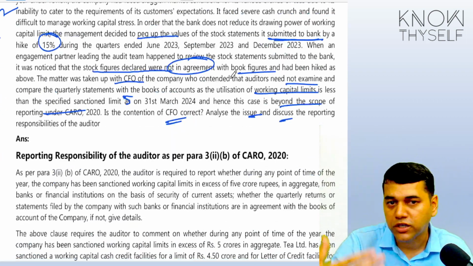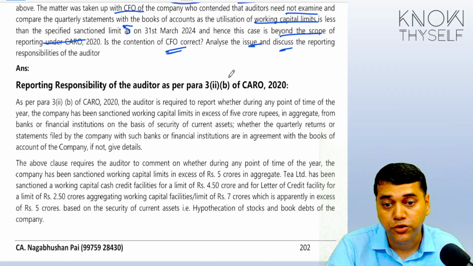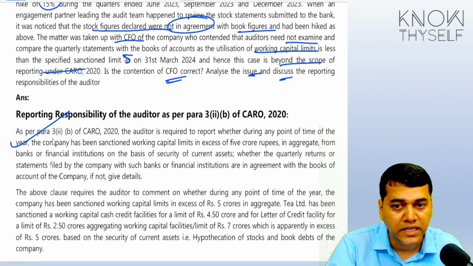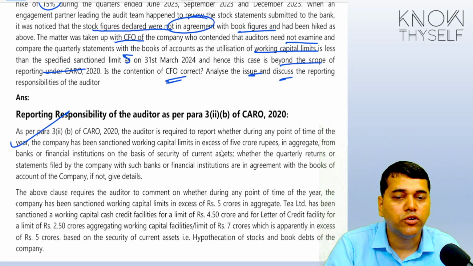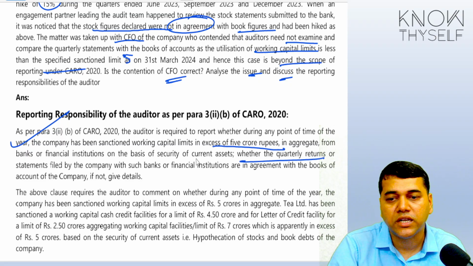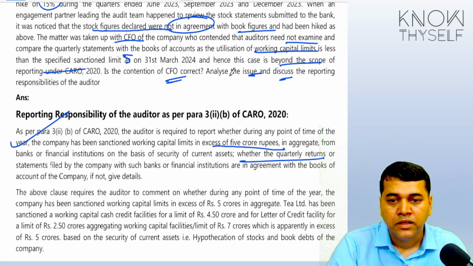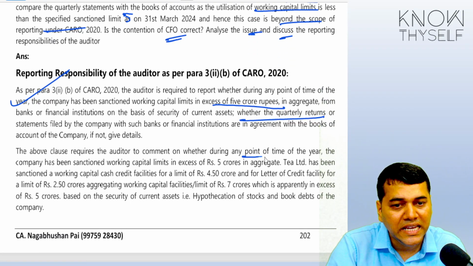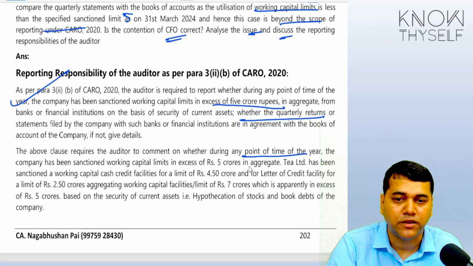The very first thing you understood is that it is coming from CARO, but see the beauty of the question. You need to talk about clause 3(ii)(b), where if working capital loan is given more than 5 crore rupees in aggregate from the bank or financial institution, whether the quarterly returns or statements filed are in agreement with the books. The above clause requires the auditor to comment if at any point in time it has sanctioned 5 crore.